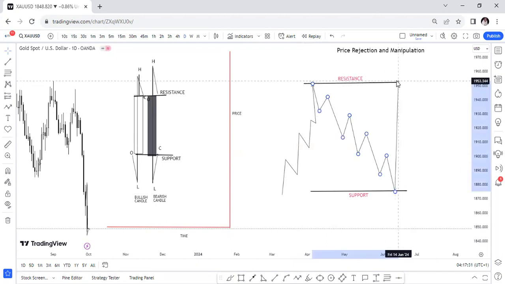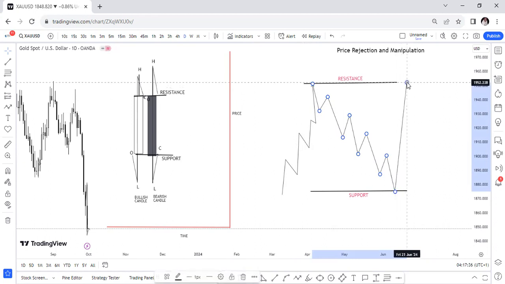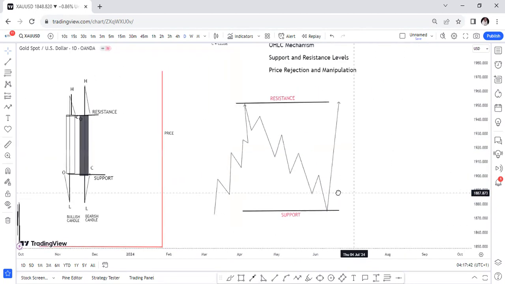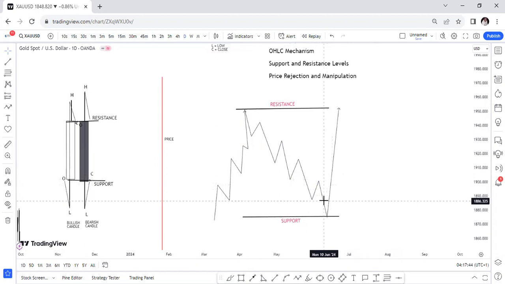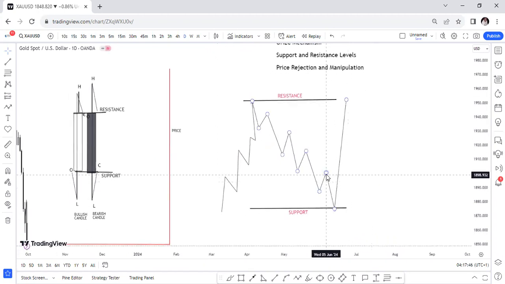So this place becomes a resistance for buyers and a support for sellers. So that is information about price rejection. We call this price rejection.